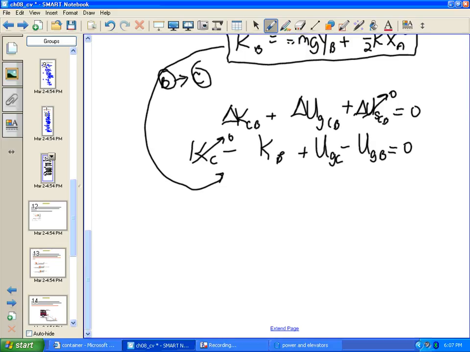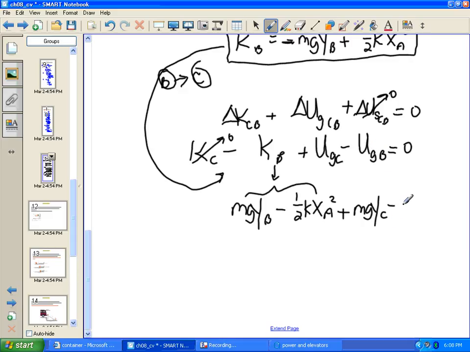Remember here we had a minus sign, so we mustn't forget that. This will become positive mgy sub b plus, now this becomes negative, minus 1/2 kx sub a squared. That's this term right here, which we've substituted, plus UG sub c, which is mgy sub c, minus UG sub b, minus mgy sub b equals 0.